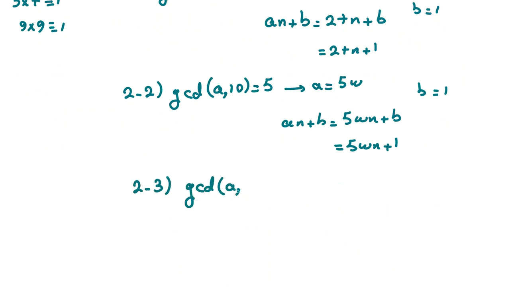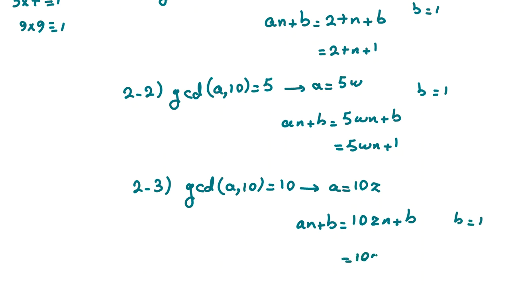If GCD of A and 10 is 10, similarly, it is again similar. We say A equals 10Z, AN plus B equals 10ZN plus B. So if B is 1, again the remainder when divided by 10 is 1, and it cannot be a multiple of 10. Okay?